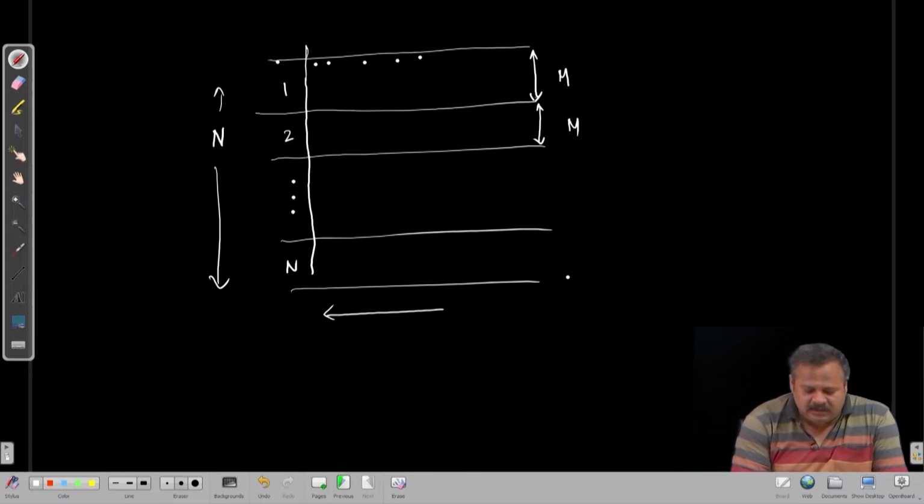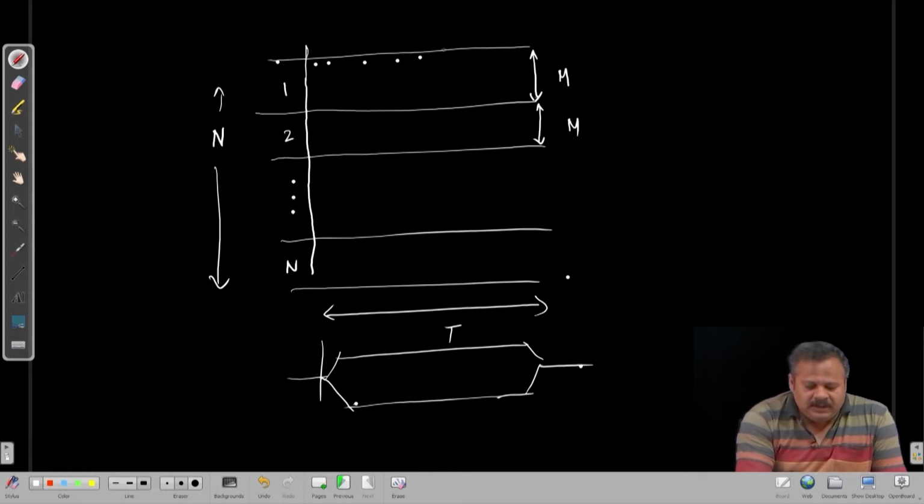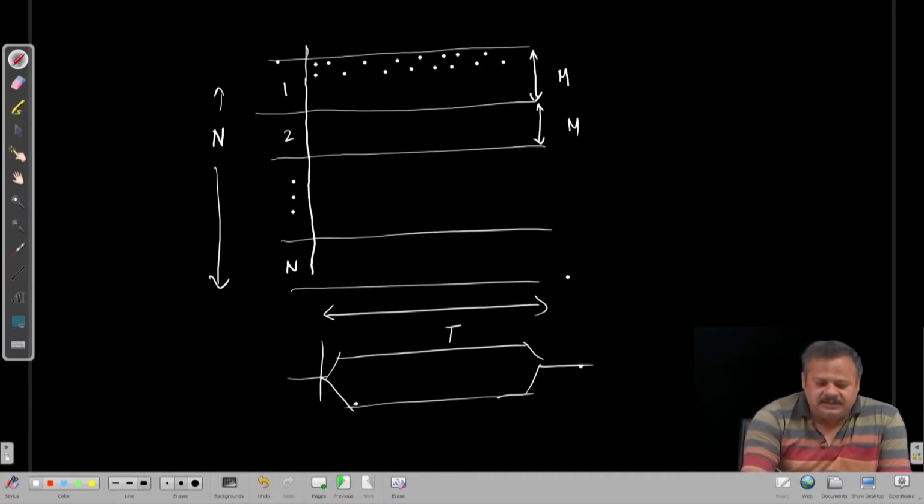So, let us say this is our total time t again of the stimulus, and within each of those presentations we have a measured spike train that is represented by these dots. So, this is repetition 1, repetition 2, and similarly up to repetition M.